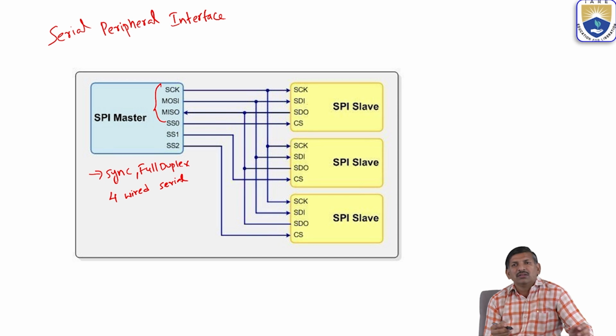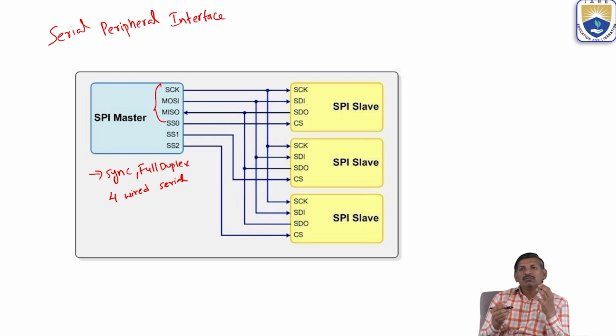Synchronous means both master and slave, or source and destination, or transmitter and receiver, have the same set of parameters, like the same baud rate, same data length, same clock frequency, same number of start bits, stop bits, and parity bits.